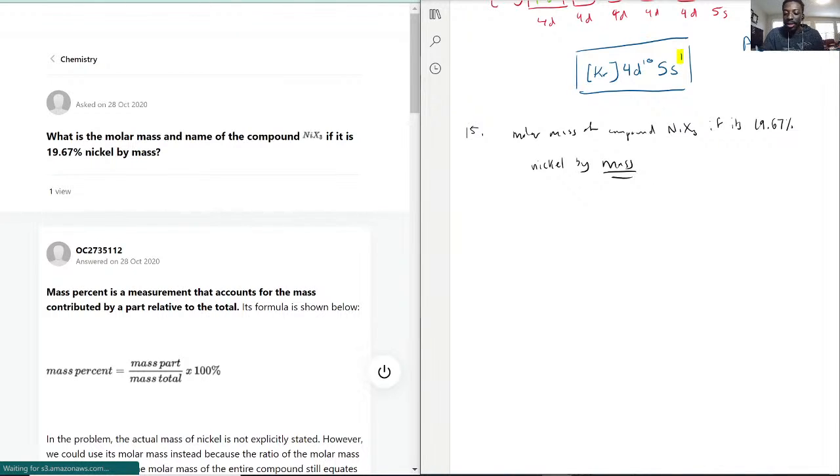Because what that is saying is that 19.67 grams of the whole 100 grams of that compound is purely nickel. So with that being known, this is where it gets a little bit tricky.